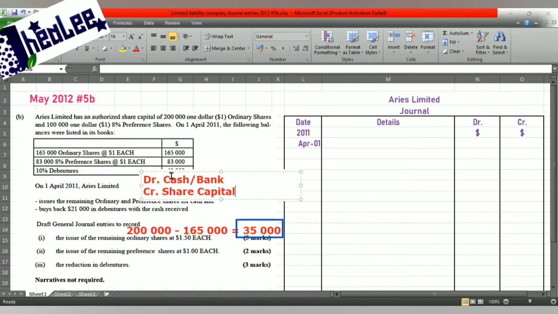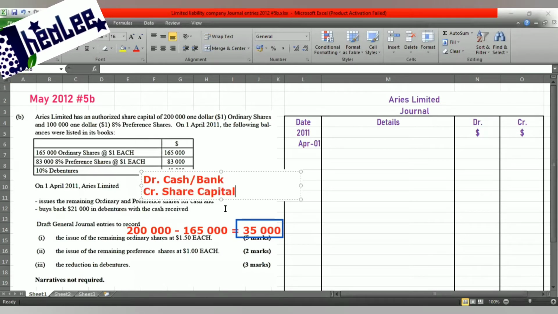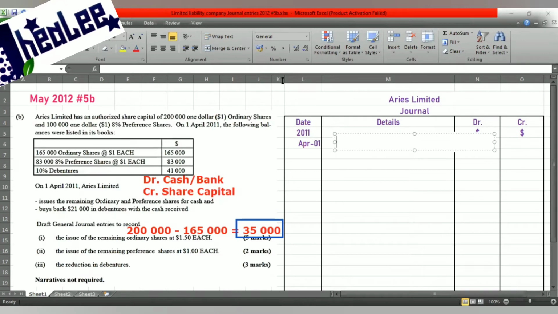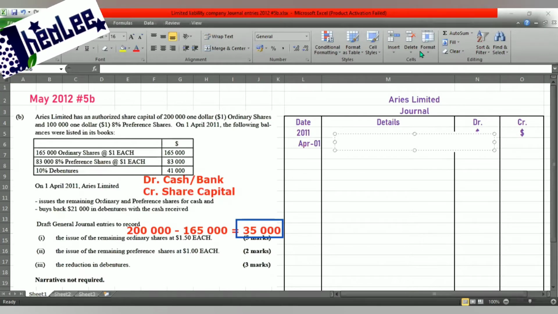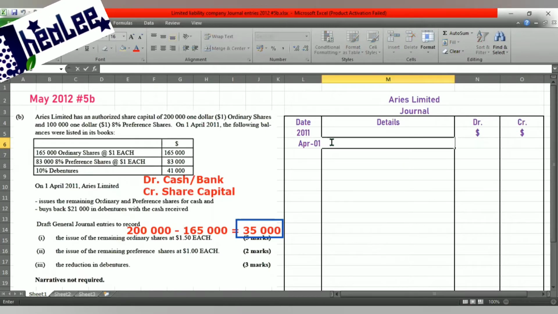So remember, the double entry is to debit cash or bank and credit your share capital. Now here we go. The amount of shares that were sold is 35,000.